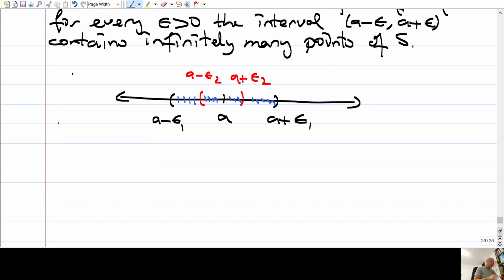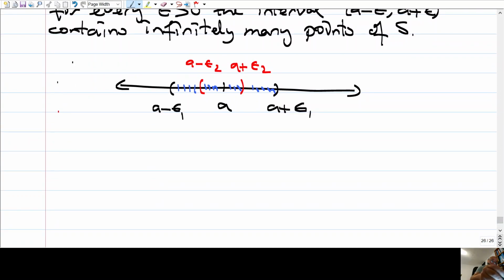Let's see maybe some examples. I'll give an equivalent statement in a minute, but let me just first try to explain this on examples, and then I'll give an equivalent statement.